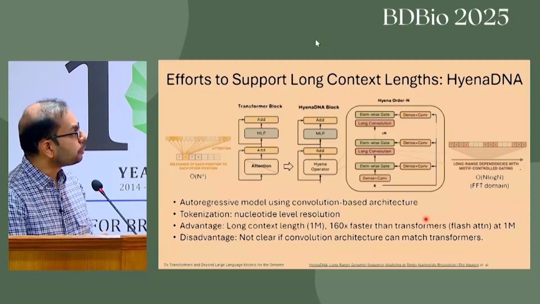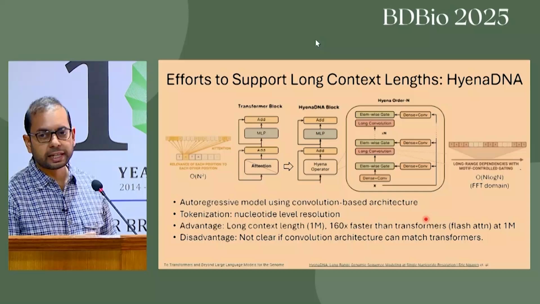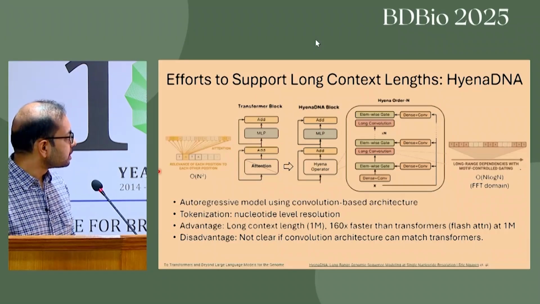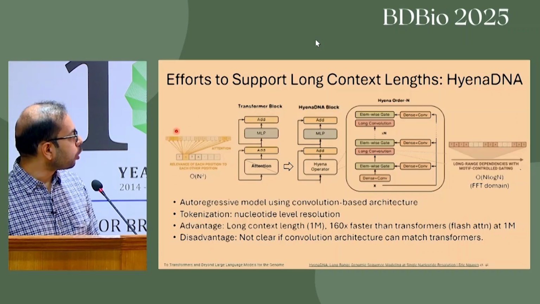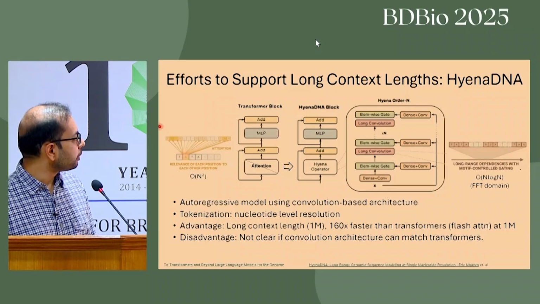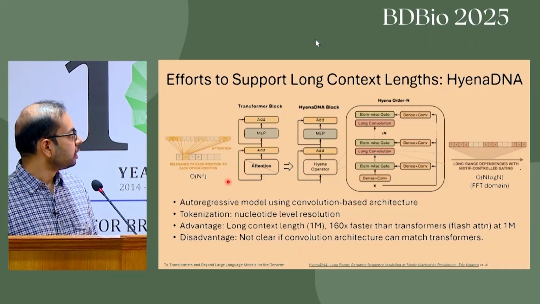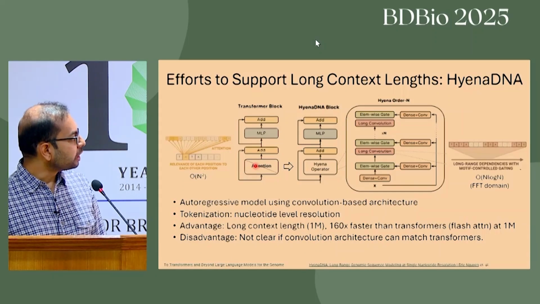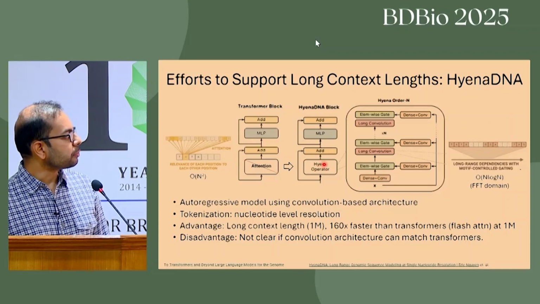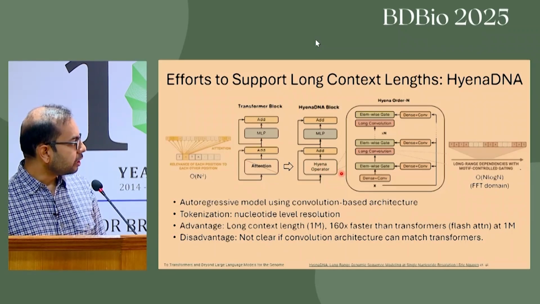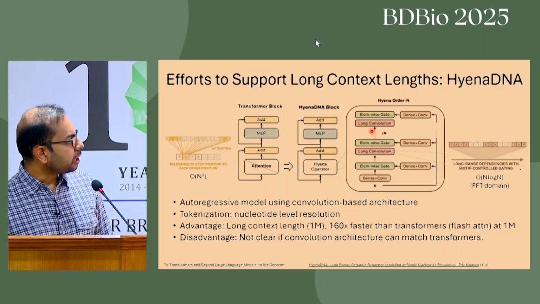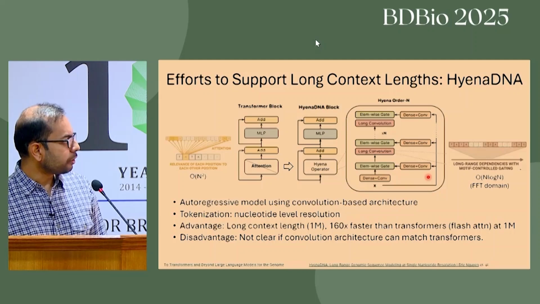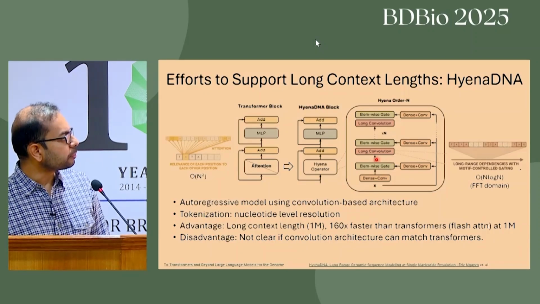So the first example of that effort is something called HyenaDNA. If you see here, this is our attention mechanism where we have an all-to-all. So each letter depends on all of these, and hence the computation required is order n square. What they did was they replaced the attention with something called a Hyena operator, where, in addition to a bunch of small convolutions, and I won't go into details of that, they also added something called a long convolution.